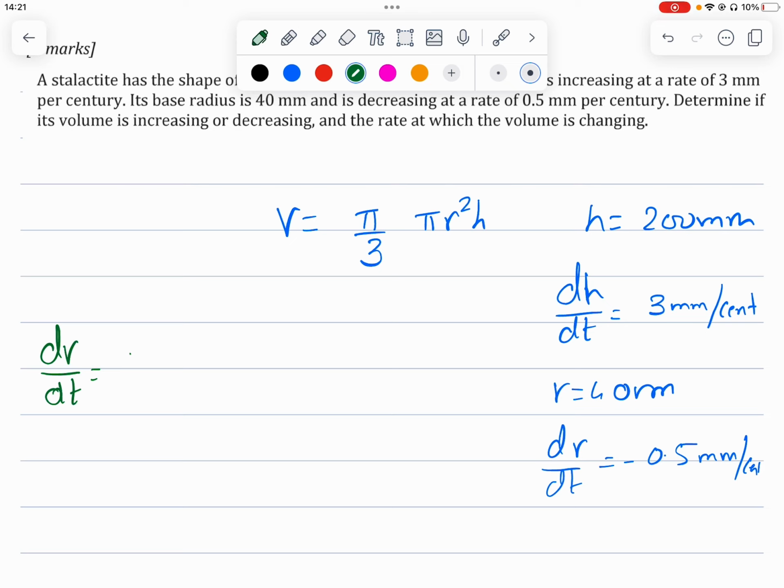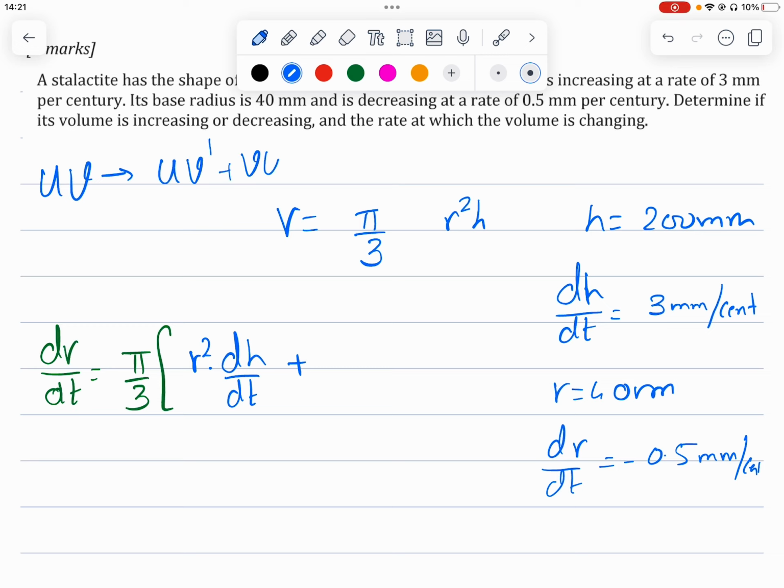So pi upon 3 is a constant. It's a product rule. I keep r square as it is, h derivative is dh upon dt, uv prime plus vu prime. If u and v are there, product rule, uv prime plus vu prime.